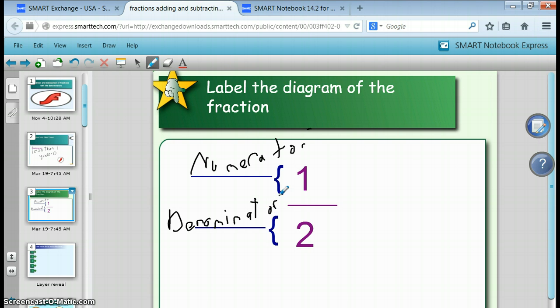If you were to have this written out, this is your a over b form.